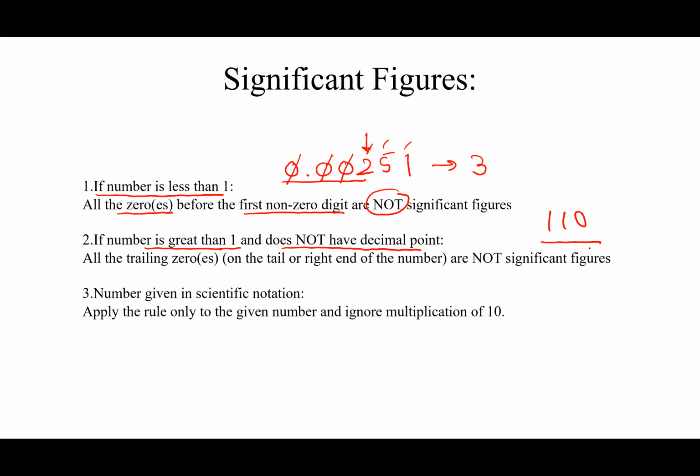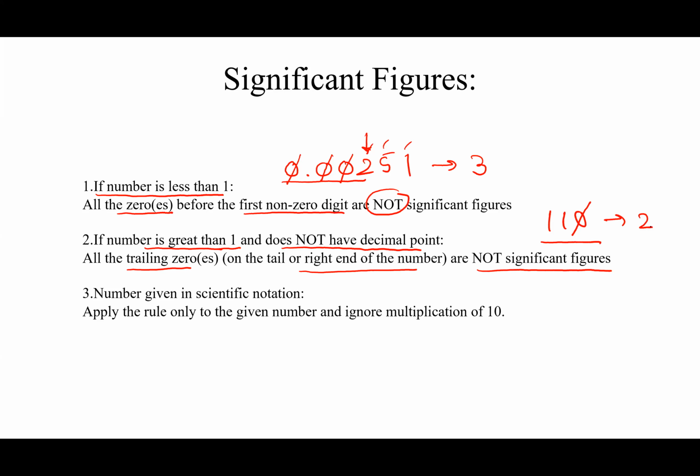In that case, all the trailing zeros, meaning the zeros on the right side of the number, or the tail side, are not going to be considered as significant figures. In this case, there is only one 0 on the right side, so we cannot consider that 0 as a significant figure. The answer is going to be 2.